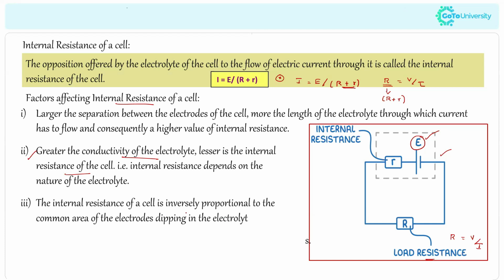The internal resistance of a cell is inversely proportional to the common area of the electrodes dipping in the electrolyte. The fourth factor is the nature of the electrodes. I already said it depends on the distance between the electrodes, but it's not only distance, it's also about which material we used to prepare the electrode.